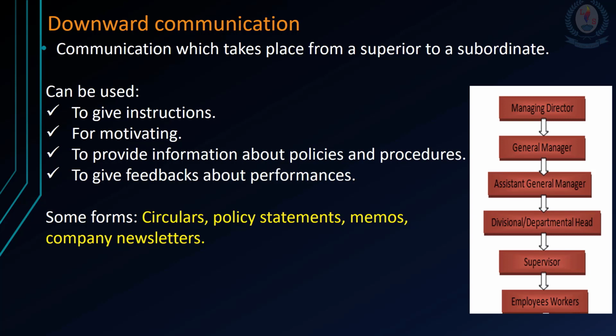Some forms of downward communication are circulars, policy statements, memos, company newsletters. So every time we give instructions or information or motivation, and the policies and procedures are created at the top level and communicated downward. So this is downward communication.